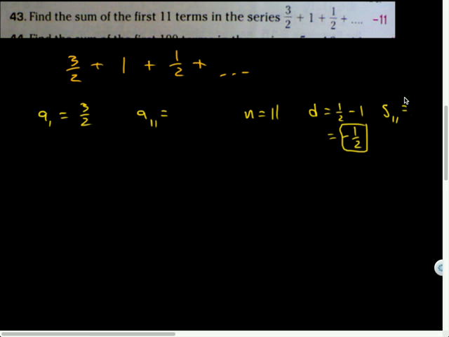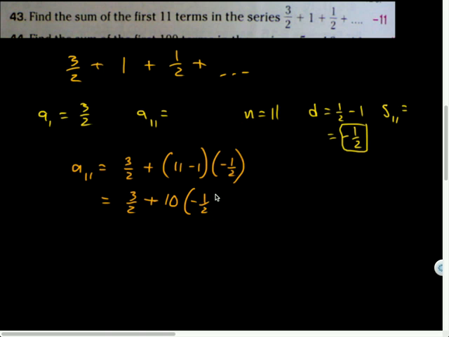And I can't find S11 without knowing A11, the 11th term. So I'm going to find A11 first. So A11 is equal to 3/2 plus 11 minus 1 times negative a half. 3/2 plus 10 times negative a half. 3/2 minus 5. 3/2 minus 10/2.